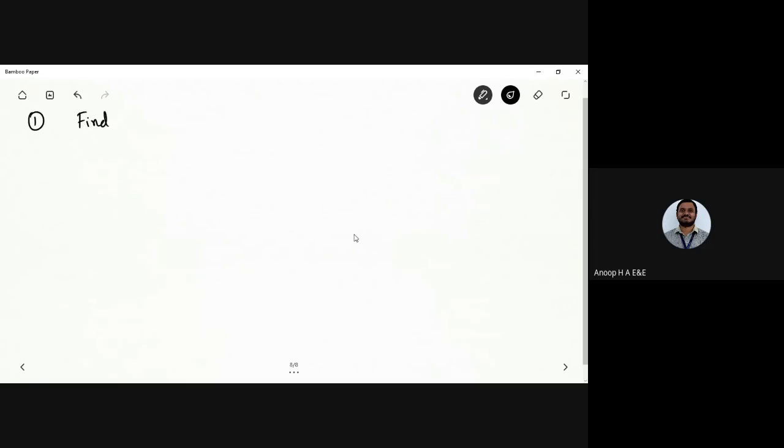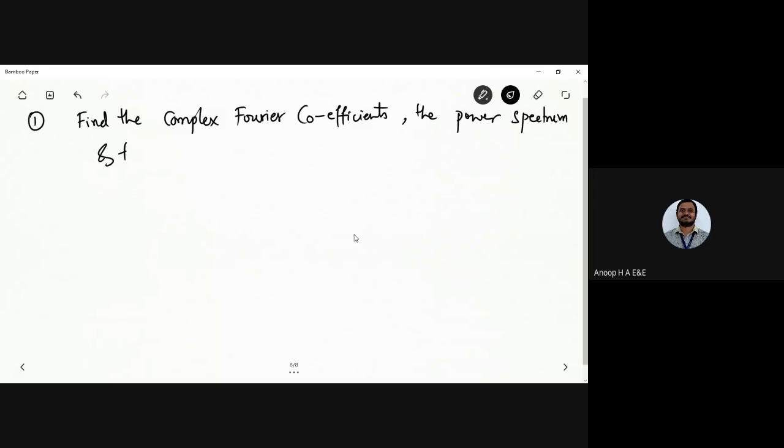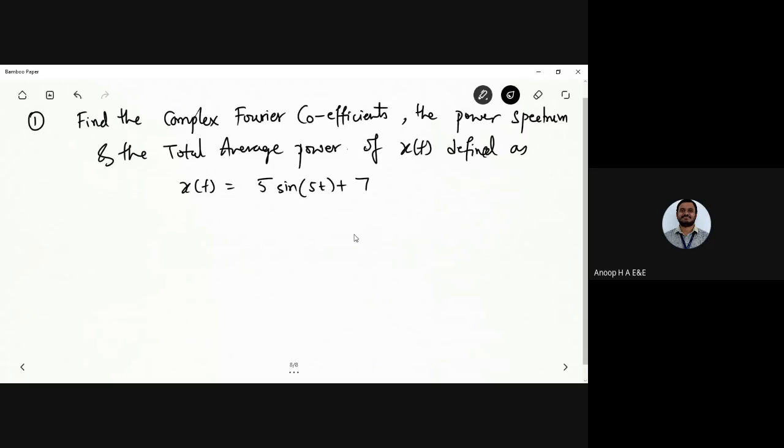Find the complex Fourier coefficients, the power spectrum, and the total power, that is nothing but the total average power of x of t, defined as x of t equals 5 sine of pi t plus 7 cos 6 pi t plus 3.